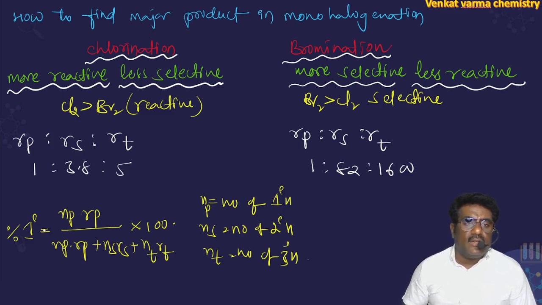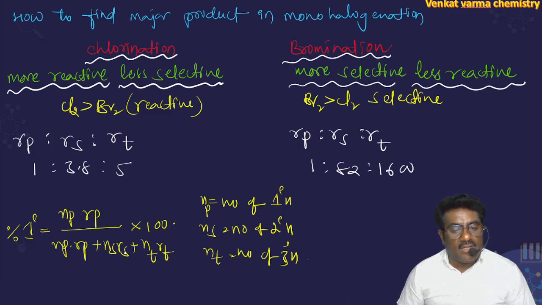So how do we find the major product? By using the percentage of the primary and the percentage of the secondary. Percentage of primary equals number of primary hydrogens times reactivity of primary, divided by number of primary times reactivity of primary plus number of secondary times reactivity of secondary plus number of tertiary times reactivity of tertiary, into 100.